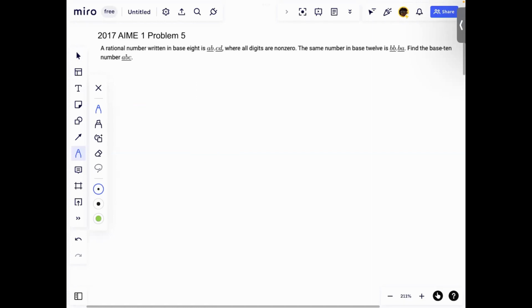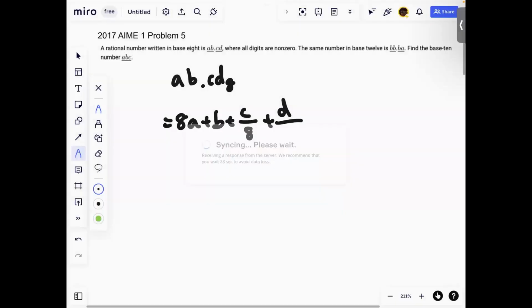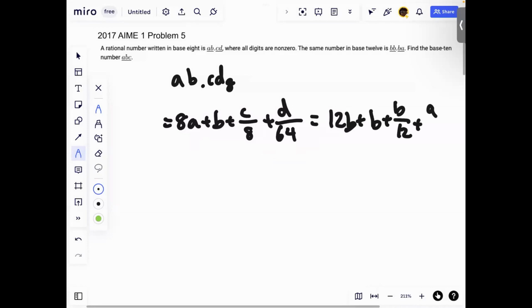So AB point CD in base 8 is the same as 8A plus B plus C over 8 plus D over 64 in base 10. And BB point BA in base 12 is the same as 12B plus B plus B over 12 plus A over 144.